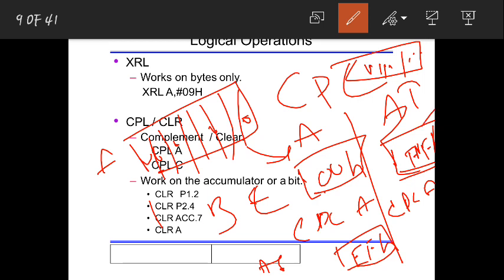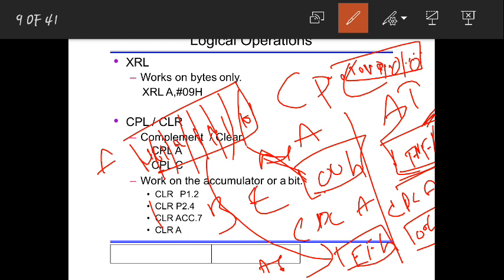In this case, before execution I had FFH, after complementing A I'll get 00H. So wherever you had 0 before, all will become ones, and when all become ones, that will be equal to FFH. Here, when all were equal to 1, they will become complemented, that means 1 will become zeros, all 8 zeros, so you will get 00H after the execution.